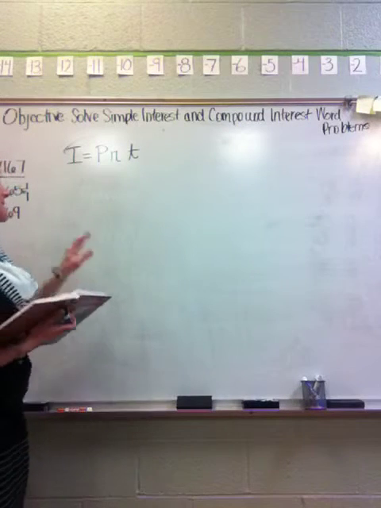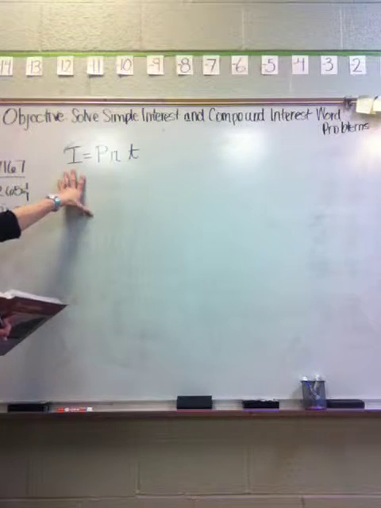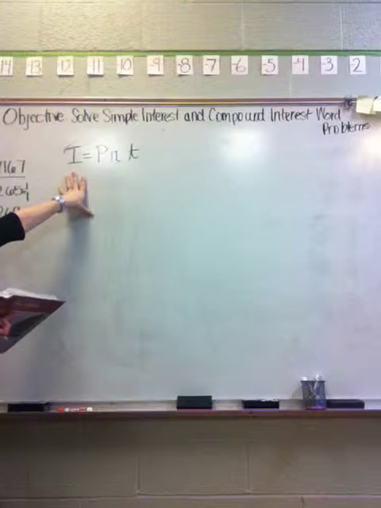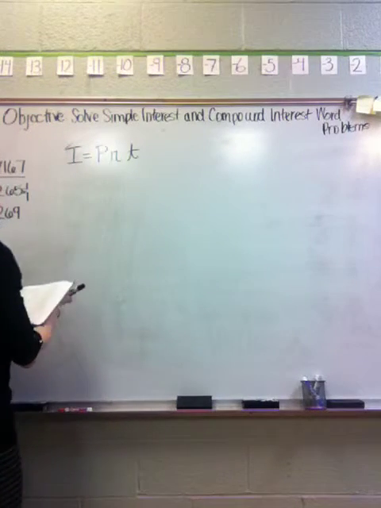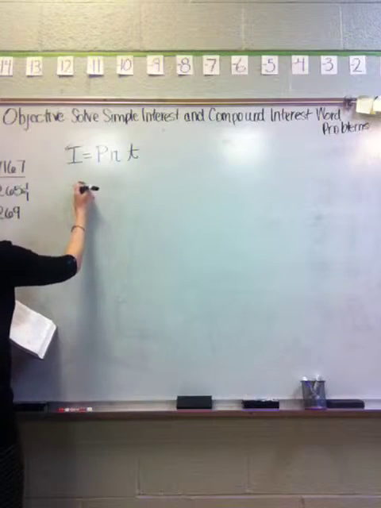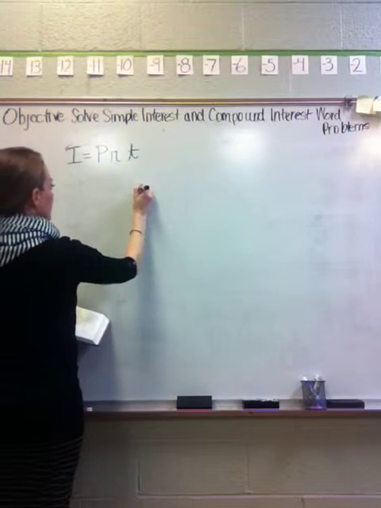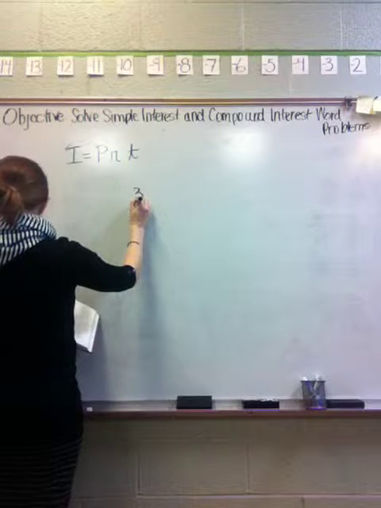All we're going to do is substitute in. It's a great thing that this is simple interest. We wouldn't want to do this compound. All right, so what do we know? We know that his time is 3 years.